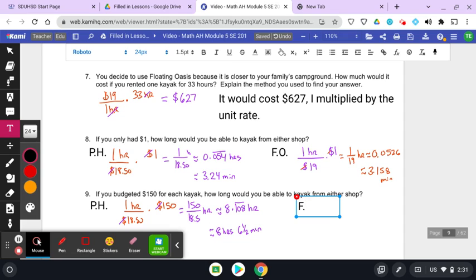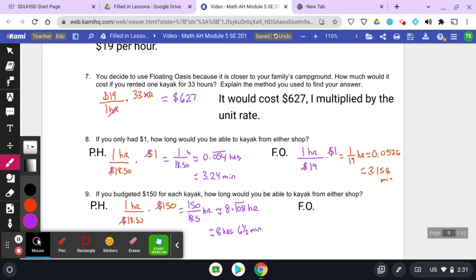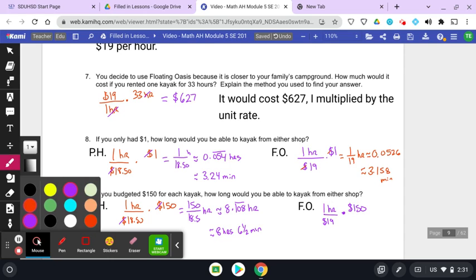Okay, on the other one, Floating Oasis, same thing. 1 hour costs $19. I have $150 to spend. The units are going to cancel out.